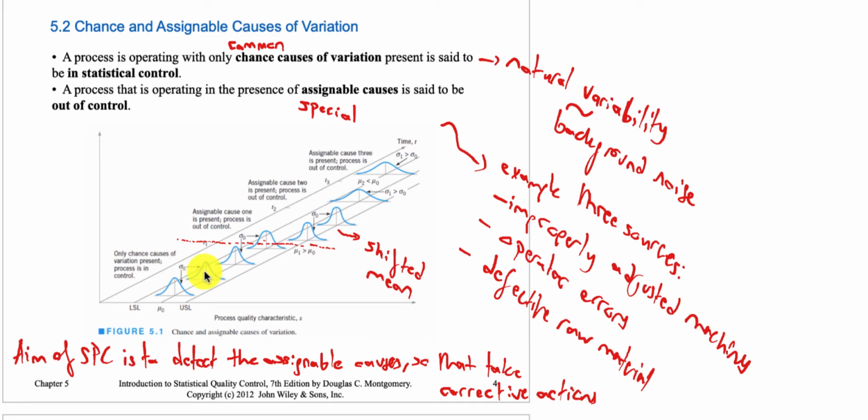Here we are seeing some time frame. It starts at 0 and goes to the third time frame, T3. And here, from 0 to T1 time period, we have no assignable causes. We have just random common causes. These causes are inherently in the process.